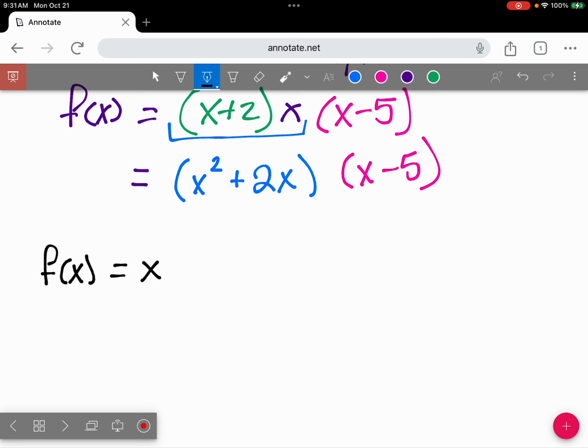We have our x cubed minus 3x squared minus 10x. That's how we find those polynomials.